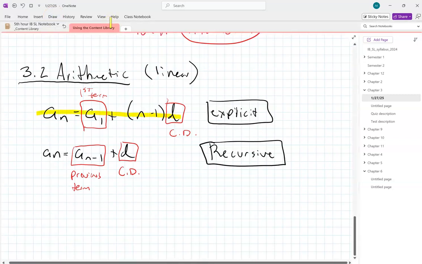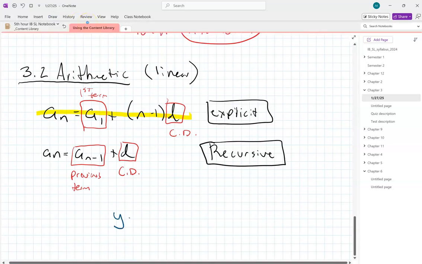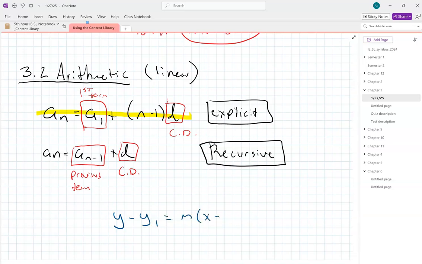And I want to point out that this equation here is one we've seen before. If you remember, that's the point-slope equation for a line, right?